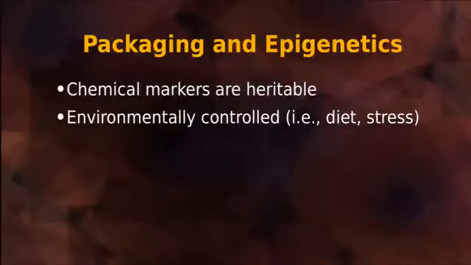And so you may have heard that you are what you eat, but you are also what your mother and grandmother ate. Let me explain that, because every time I say that, I know it just doesn't sound right. What I mean is, they didn't physically eat you, but when your mother was pregnant with you, what she ate affects the expression of your genes, the chemical markers on your gene. And guess what?